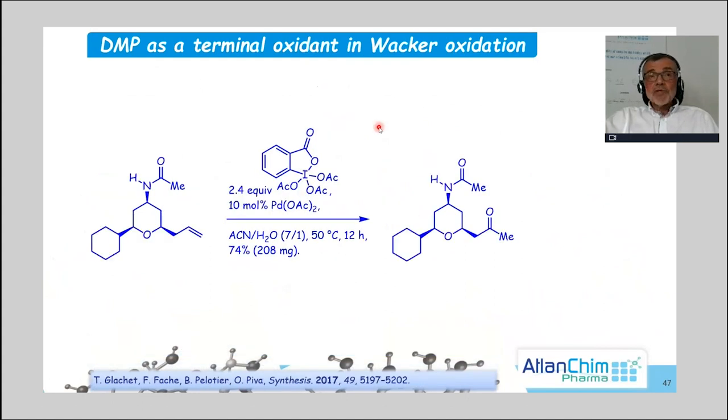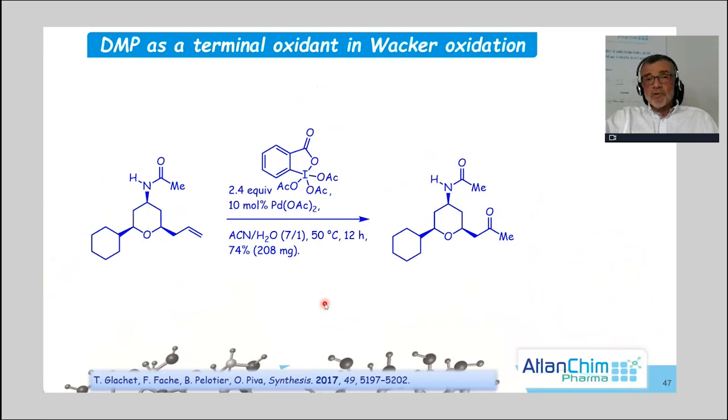This method, considered as a mimic of the classical Wacker oxidation, using palladium acetate as a catalyst and Dess-Martin periodinane as oxidant, has been applied to THP derivatives with this double bond to afford the expected methyl ketones in good yields, as presented in this slide.